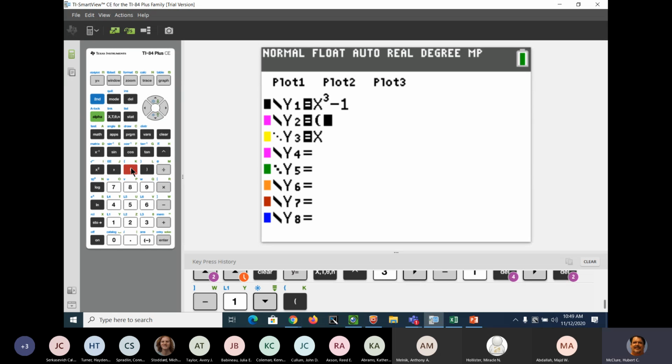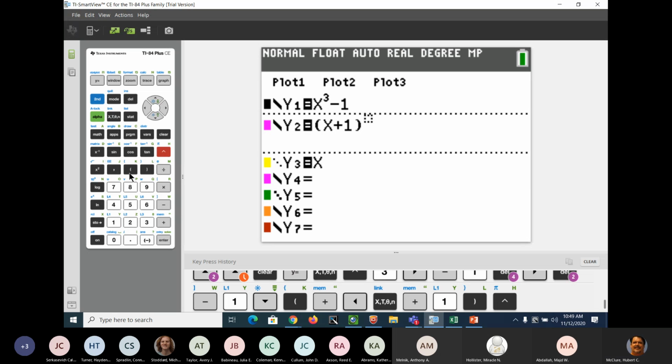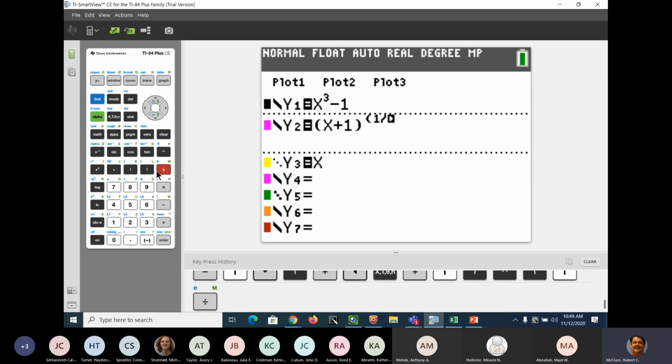So I'm just going to put parentheses, x plus 1, to the 1/3 power. And graph.